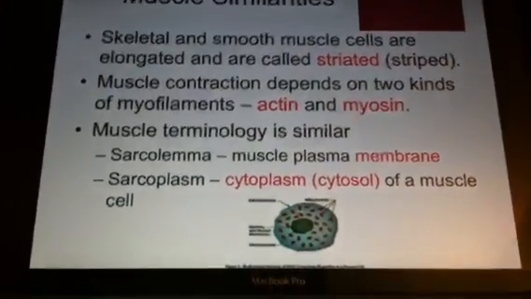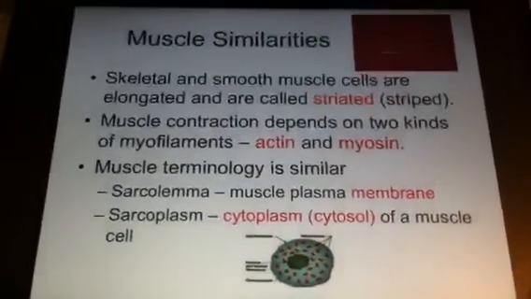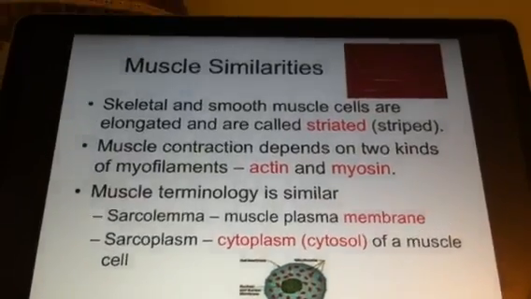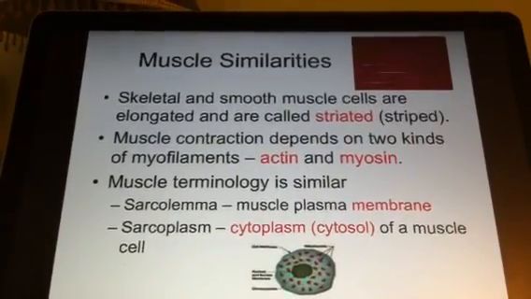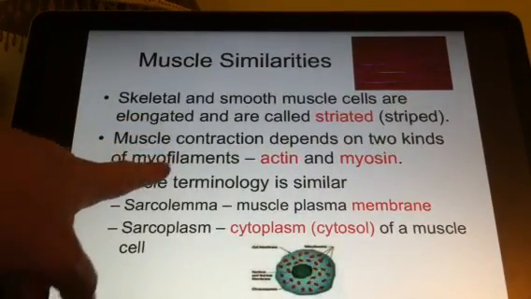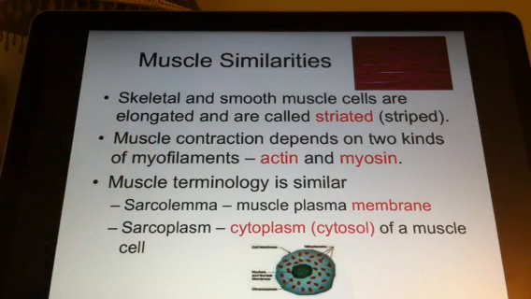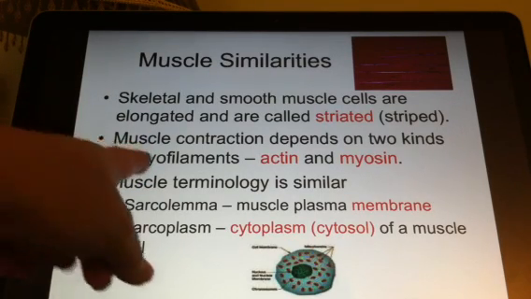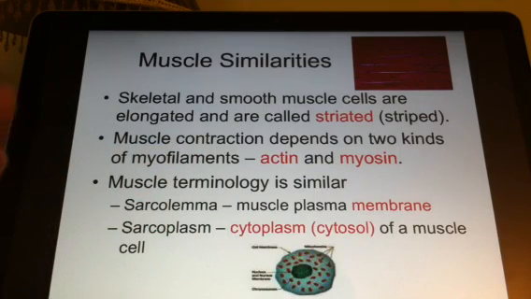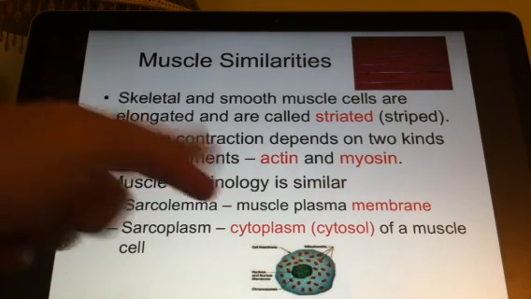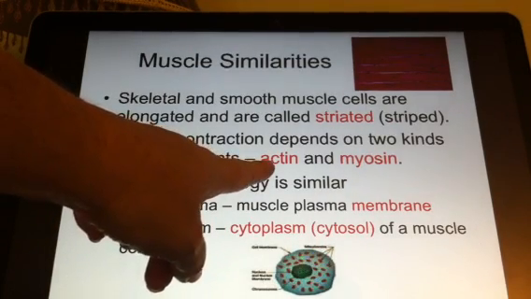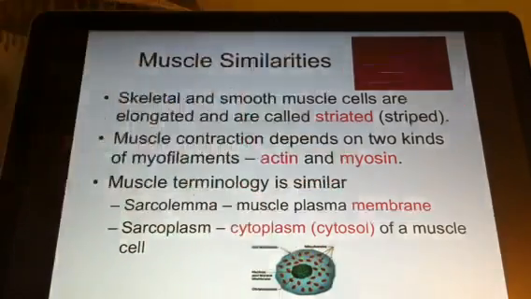And all muscle contracts. And that's what muscle is all about. It's about contraction. And there are different types of filaments. Filaments are like strings, pieces of protein. Myofilament means a muscle fiber, a muscle string, if you will. And there are two types out there, actin and myosin.